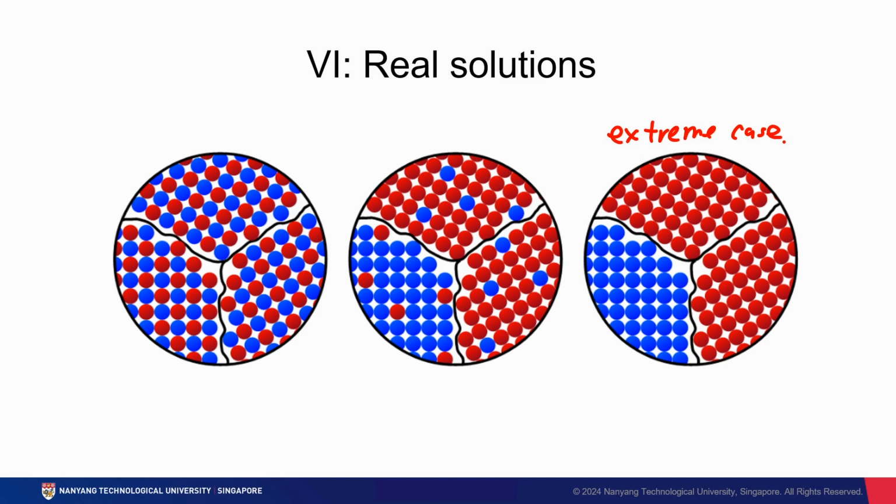In this case, the AA bonds and BB bonds are very much stronger than the AB bonds. Hence, you are going to have to introduce heat to allow entropy to increase, be positive, to allow it to mix.